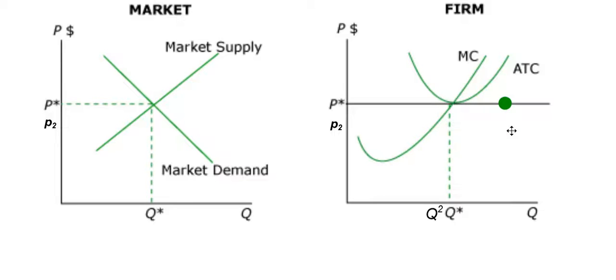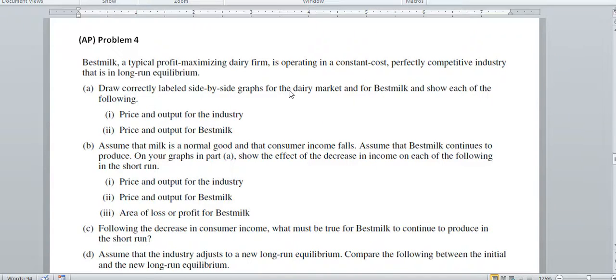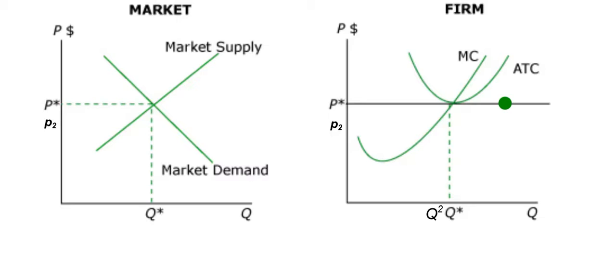So now the problem tells us that the industry is in long run equilibrium. That means that all the firms are making zero economic profit, right? You should know that from reading the chapter and watching the Khan Academy videos.